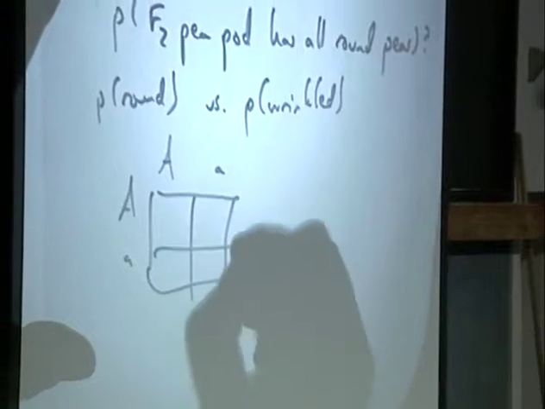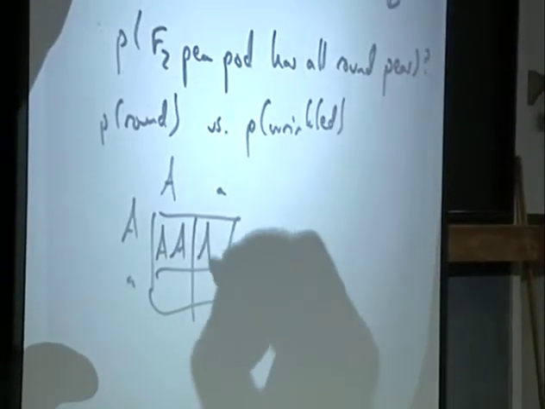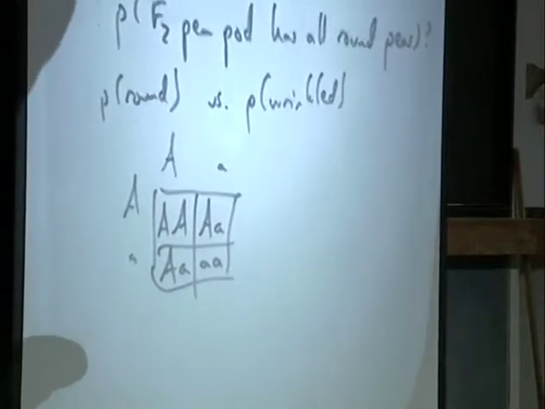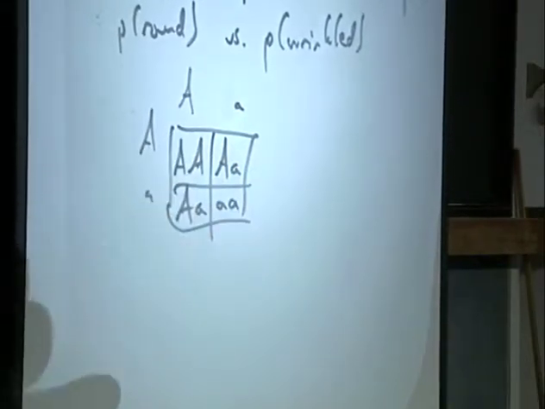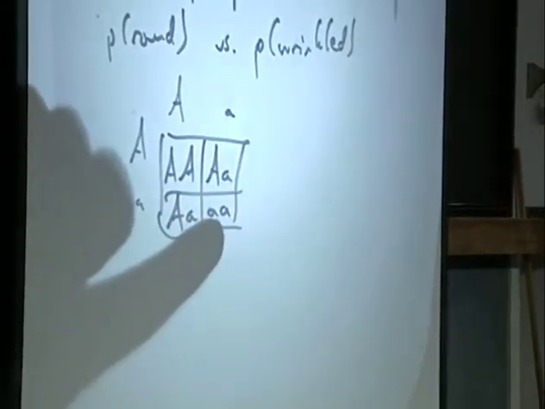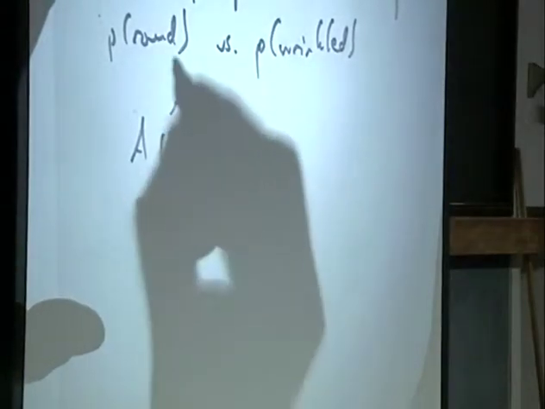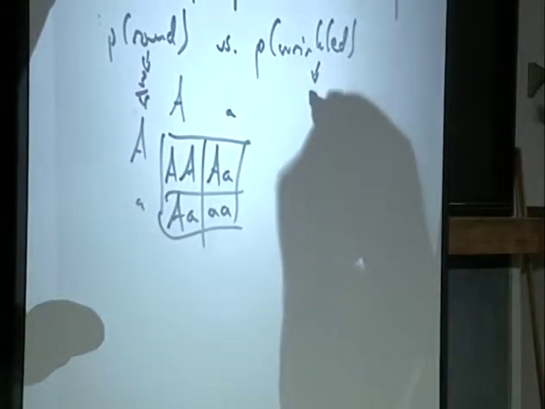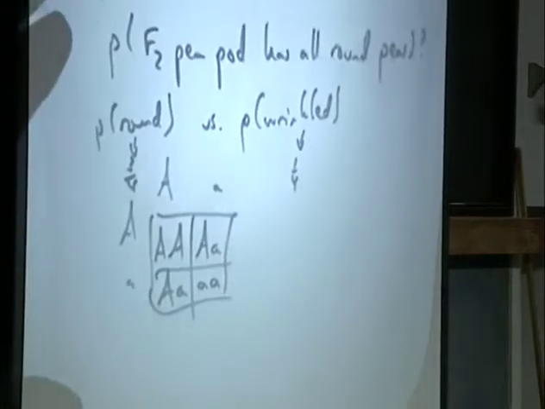But you should remember by now that when you do monohybrid crosses, the dominant phenotype shows up 3/4 of the time, and the recessive phenotype only shows up 1/4 of the time. So the probability of a round is 3/4 and the probability of a wrinkled is 1/4.